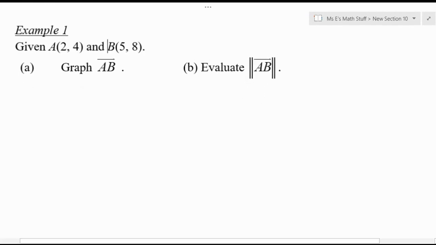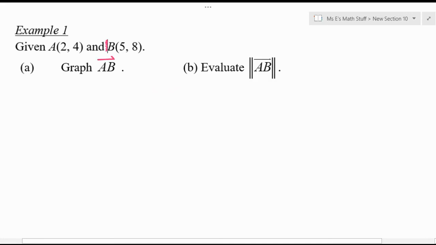So for example 1, oh, sorry for the weird line there. Pretend that isn't there. Anyway, given point A with coordinates 2, 4, and point B with coordinates 5, 8, for part A, I'd like for you to graph the vector AB, and I want to emphasize the symbol. It's typeset, so it's not very exaggerated.